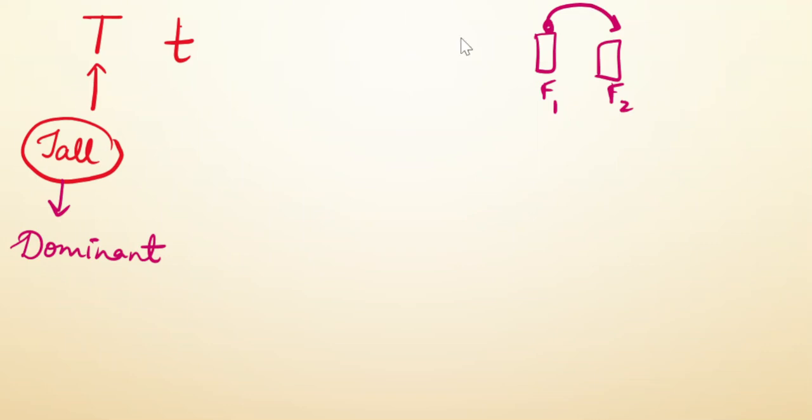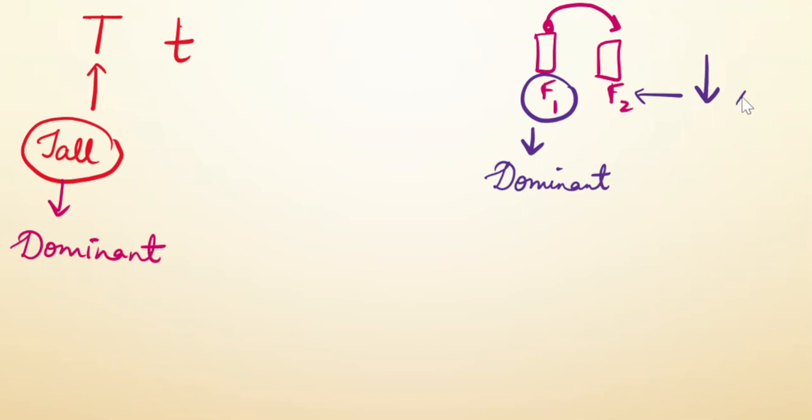So the person who has higher expression when present with a second person is dominant, and the person who is getting suppressed by the first person is known as recessive.